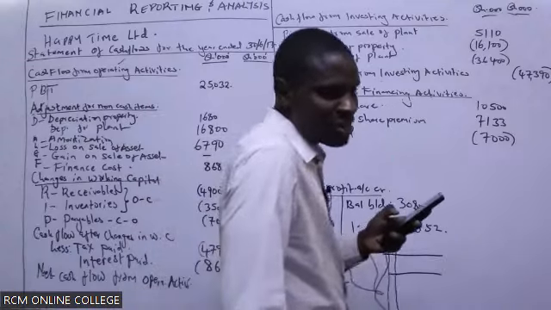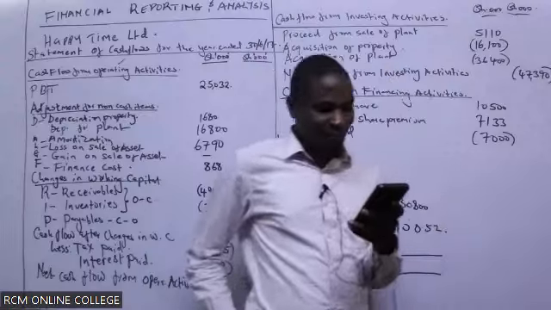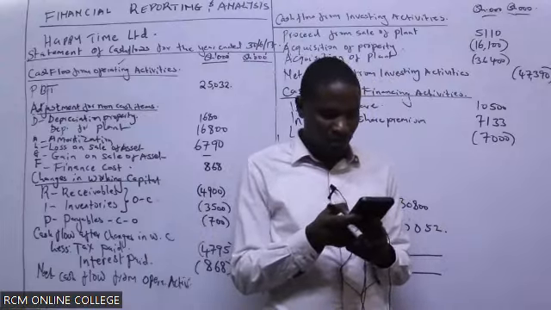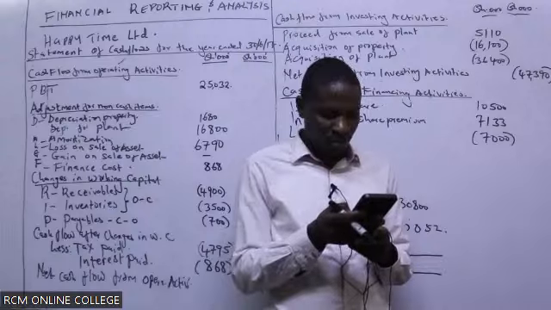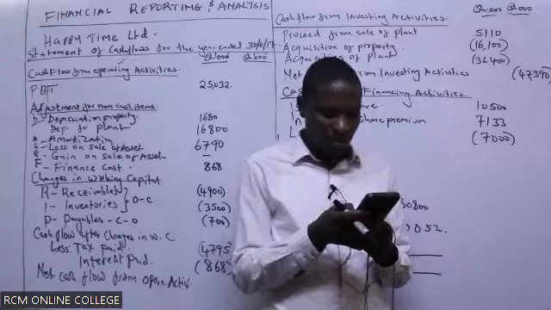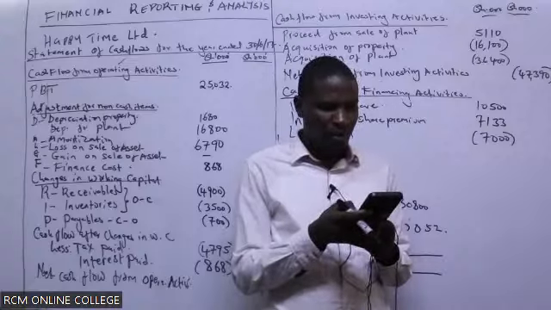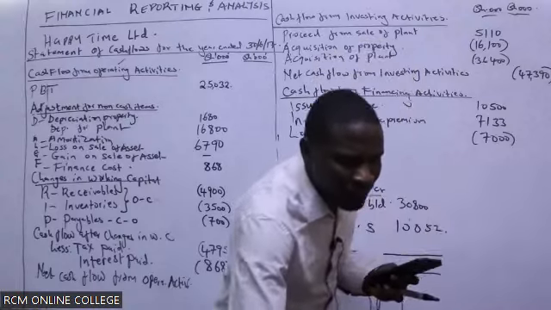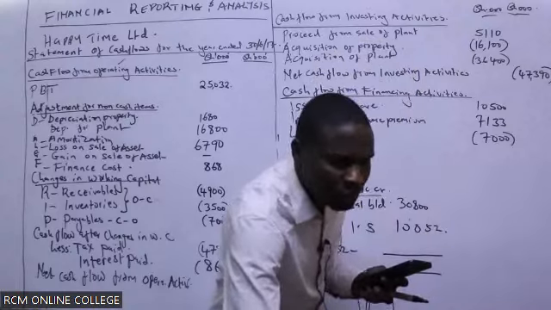Haya Naomi. Naomi naona ni kama amefanya kila kitu. Haya, acha tuone dividend paid ni ngapi? Acha tuone dividend that was paid here. Dividend paid. Mnapata ngapi? Are we not using before tax? Let me see. We not using before tax profit.